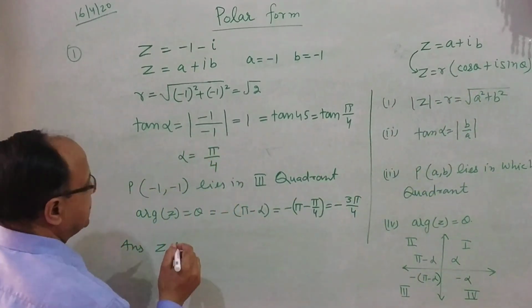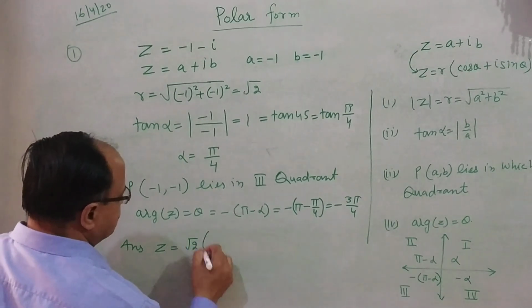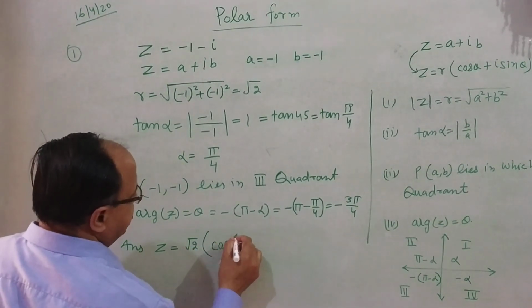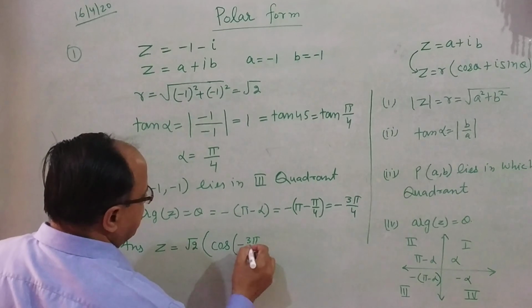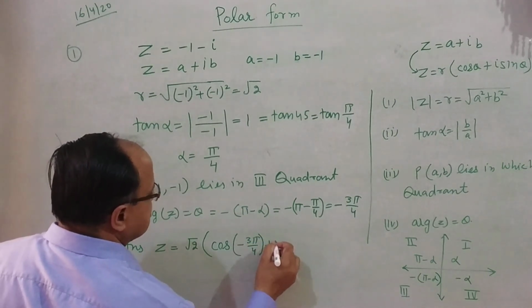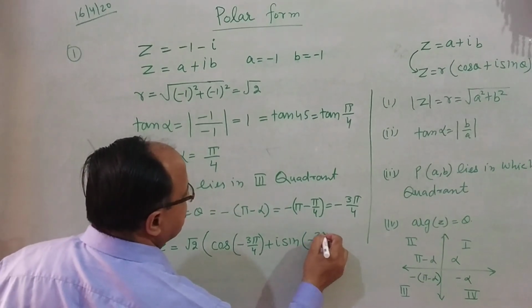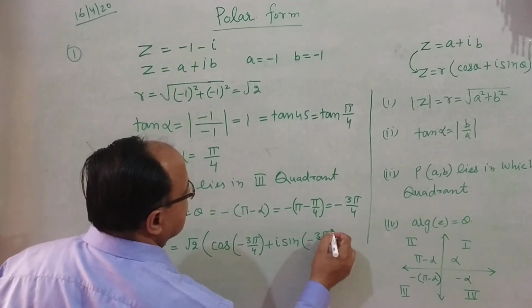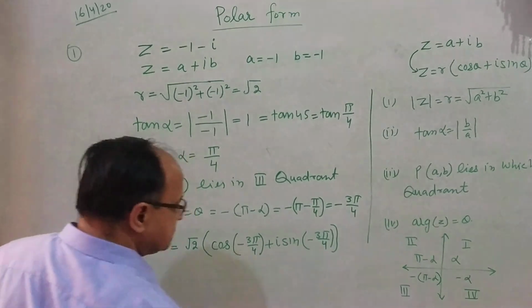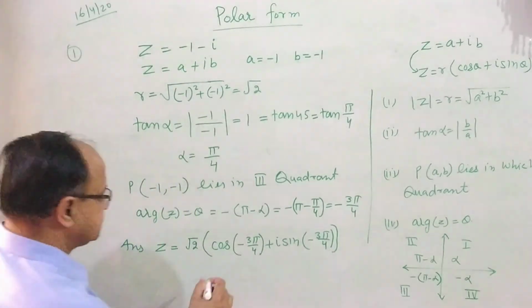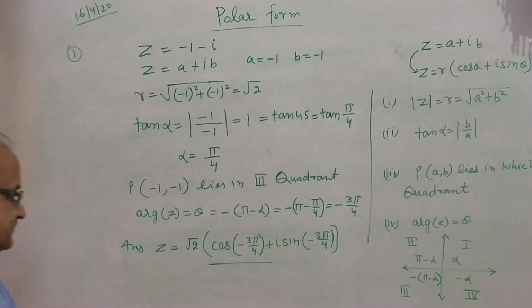Root 2 cos minus 3 pi by 4 plus iota sine minus 3 pi by 4. Clear? This is the answer. Okay. Thank you.